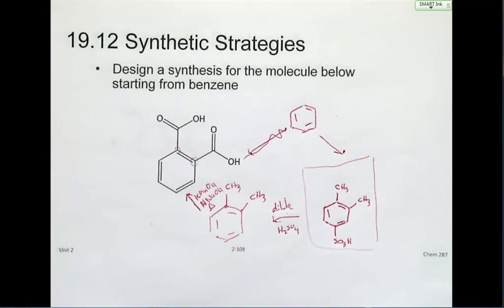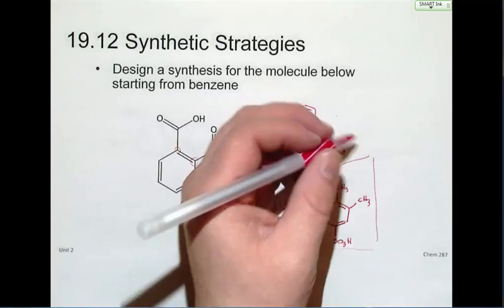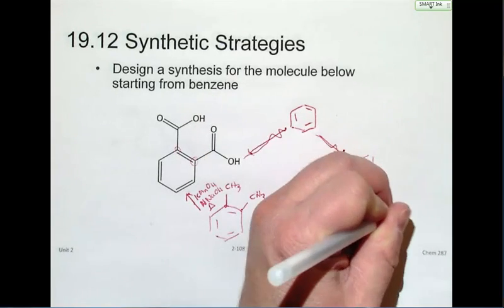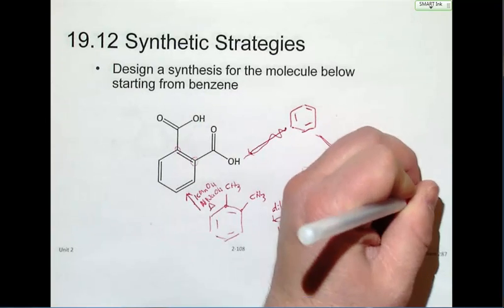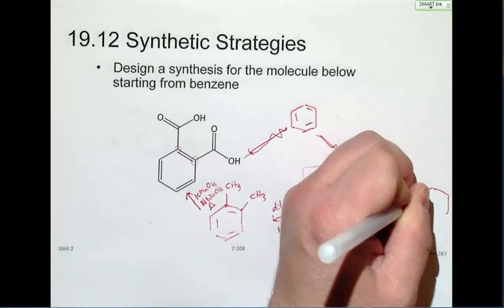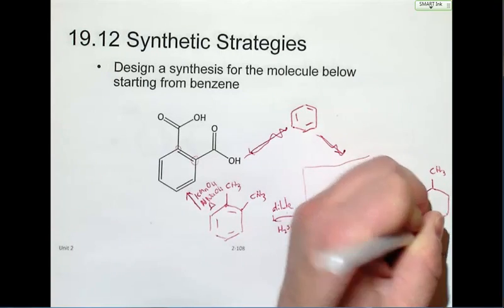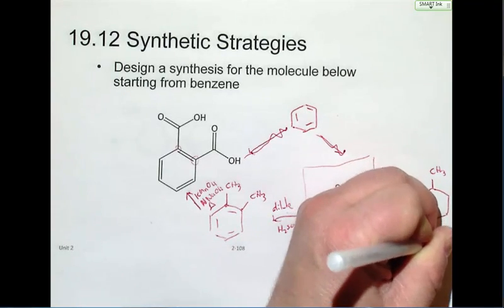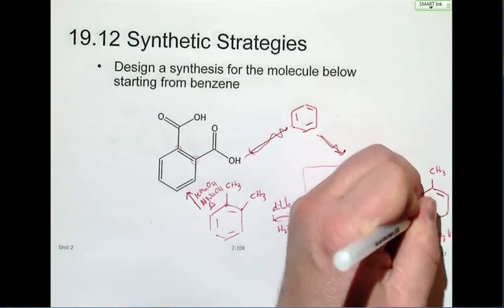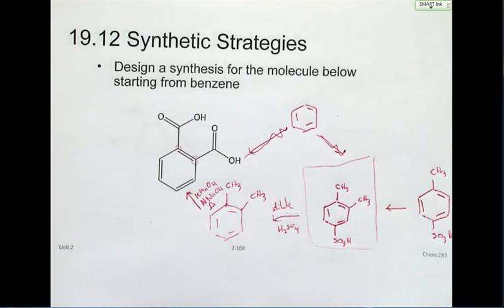Okay, and from this we know, probably not going to go directly there, we know how to put the methyl group on. What reaction attaches that methyl group in the ortho position? Okay, we've only learned two carbon-carbon bond forming reactions this unit.